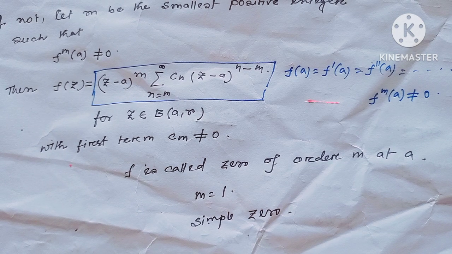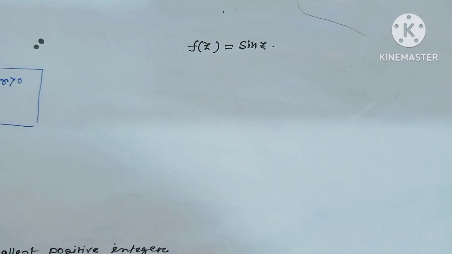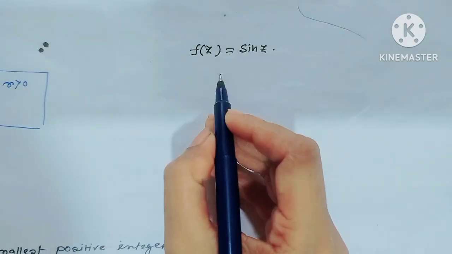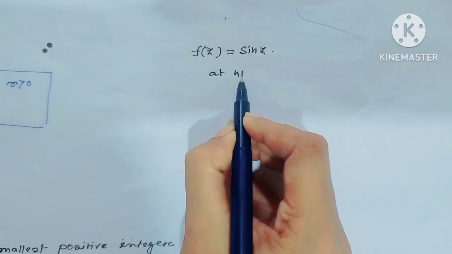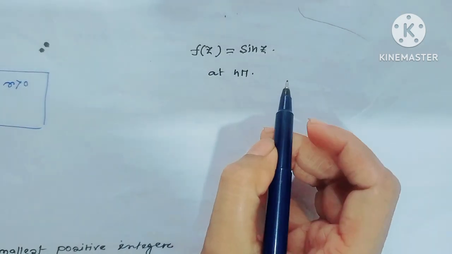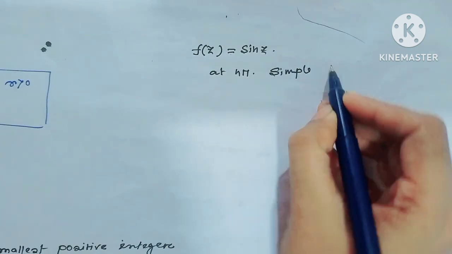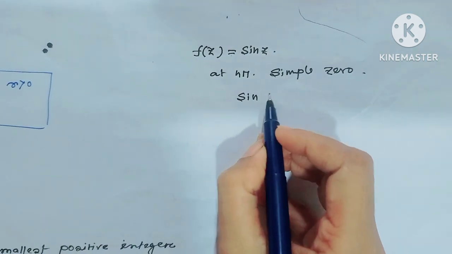Okay, now let's see some examples. First example, f(z) = sin z. In sin z, at the points n pi, the function f(z) has a simple zero. Why a simple zero?